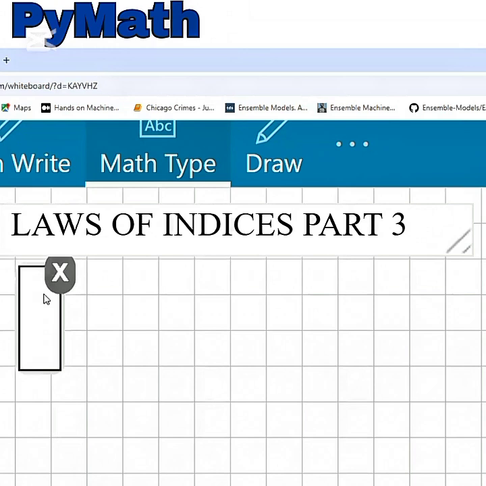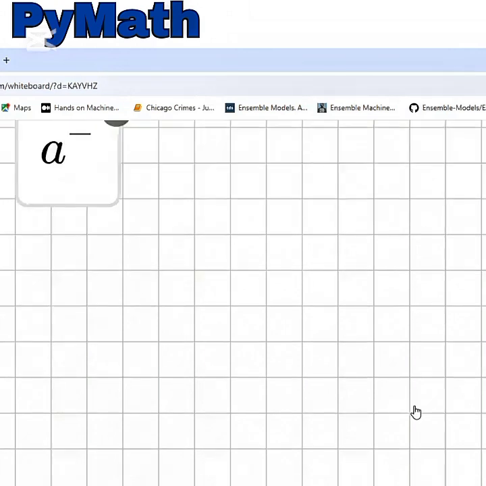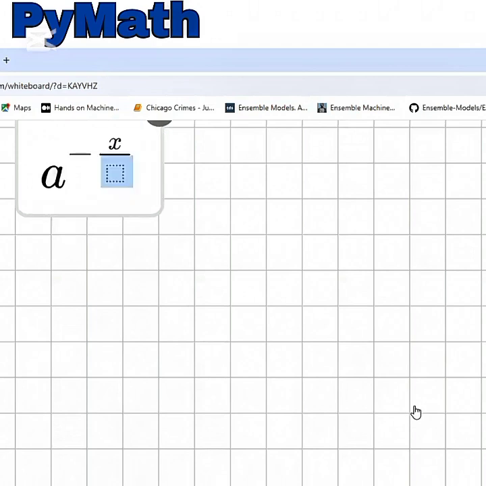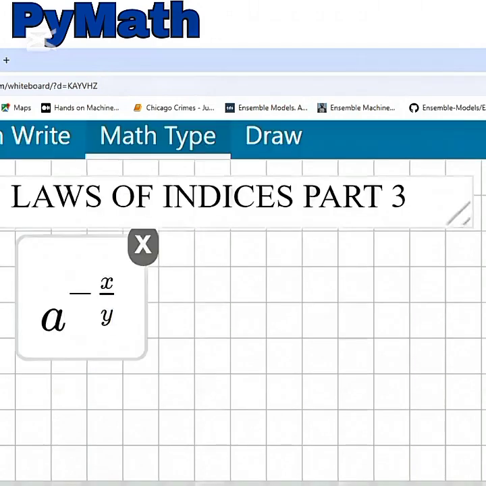All along, we've been using a base, an arbitrary number a, with an index. This time, if the index is minus x over y, what we can see clearly is a negative fractional index.